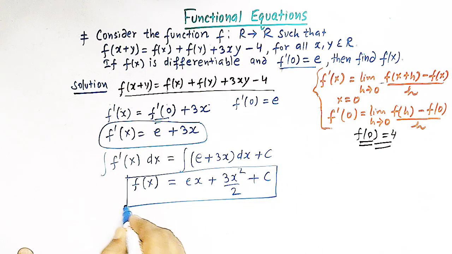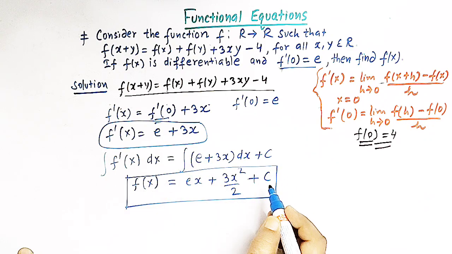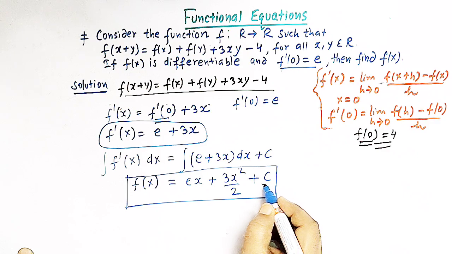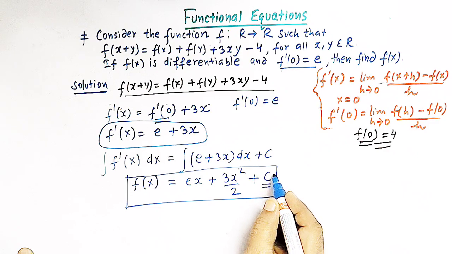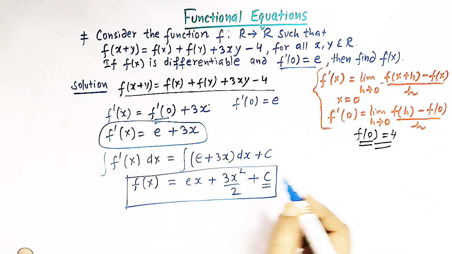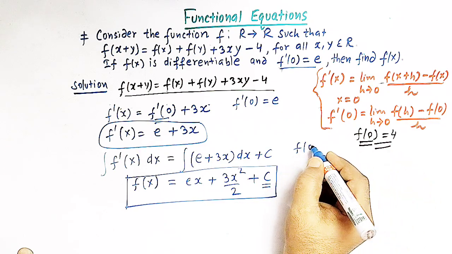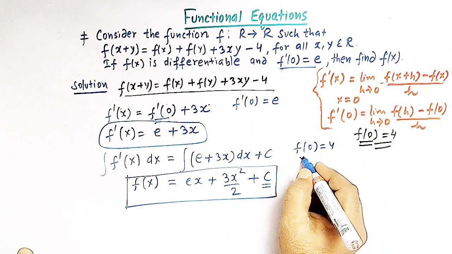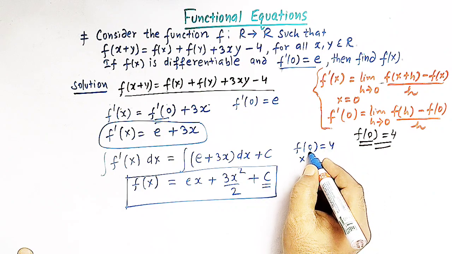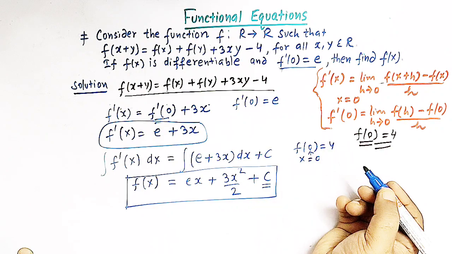So this is the form of the function f(x), and now we have to find the value of this constant of integration c by using this condition. We are given f(0) is equal to 4, so we have to take x equal to 0.